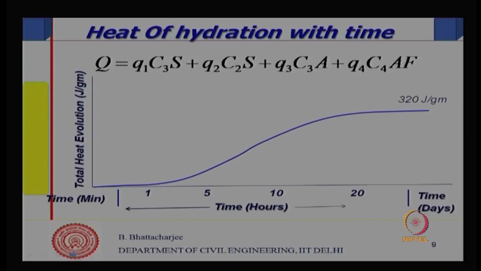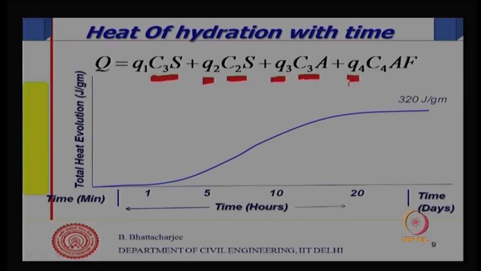Total heat, of course, you can find out from Q1, that is the heat of hydration of C3S multiplied by the amount of C3S. Q2 is the heat of hydration of C2S multiplied by the quantity of C2S per unit mass. Q3 is C3A, heat of evolution of C3A, and the amount of C3A per unit mass in the cement.